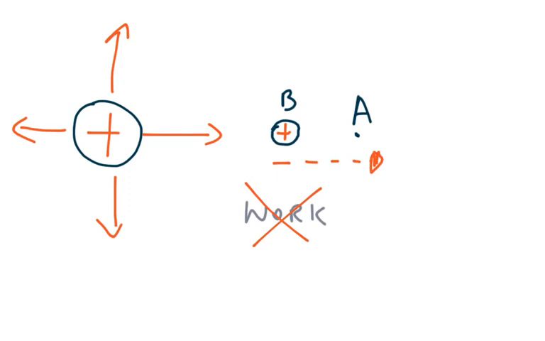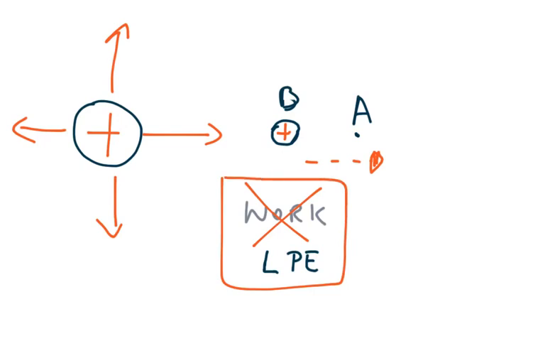And what will happen is we will go from a higher potential energy to lower potential energy. So we have low potential energy right here. Okay? So work is not required. This is kind of nature, and as the object goes on its own, it's going to be losing potential energy.